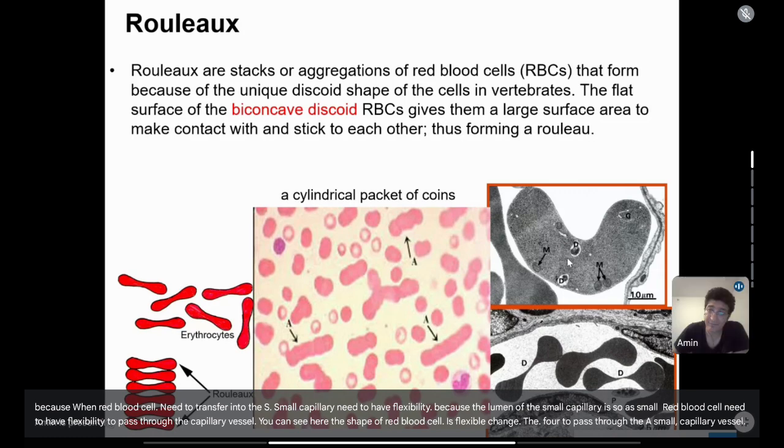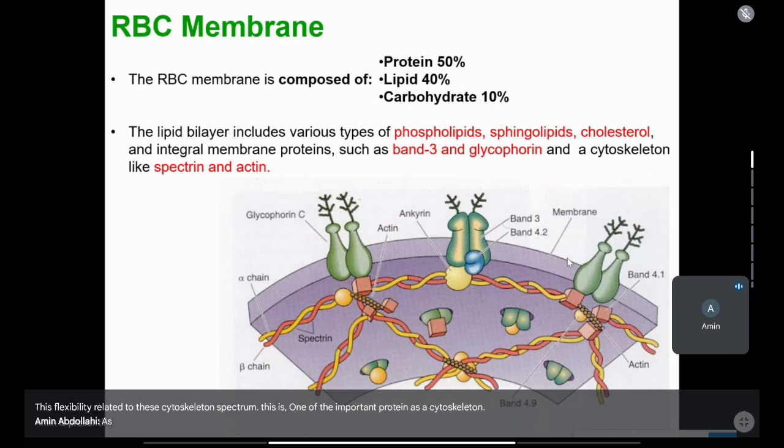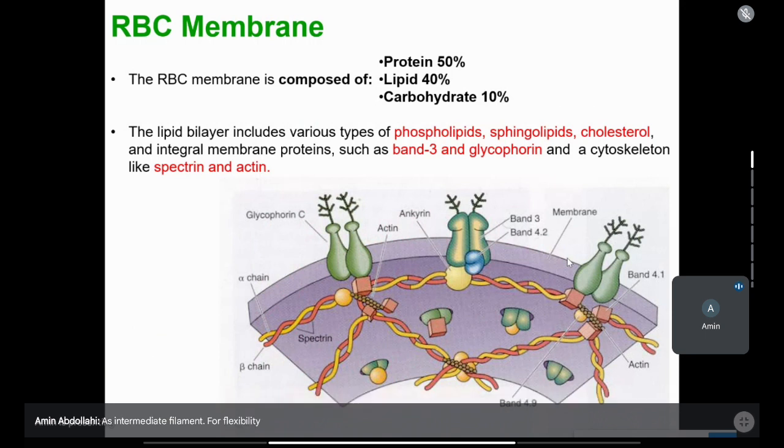This flexibility is related to the cytoskeleton spectrin. This is one of the important proteins as a cytoskeleton, as an intermediate filament for flexibility of the red blood cell.